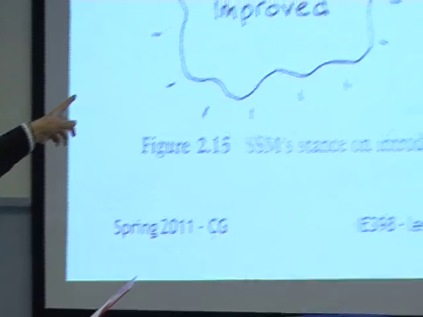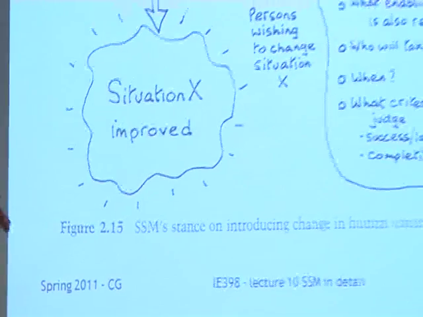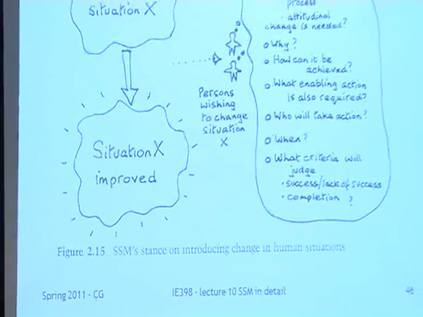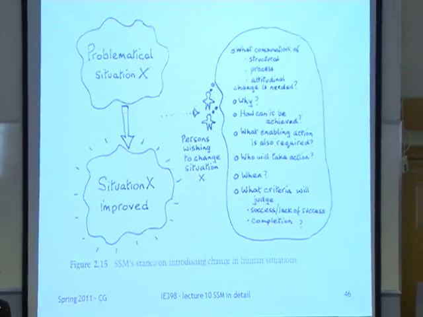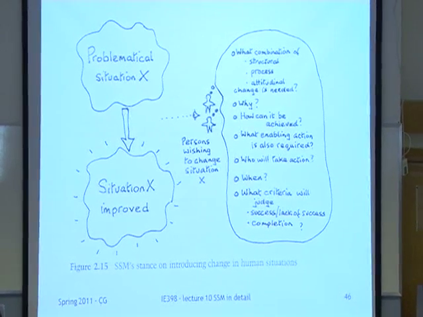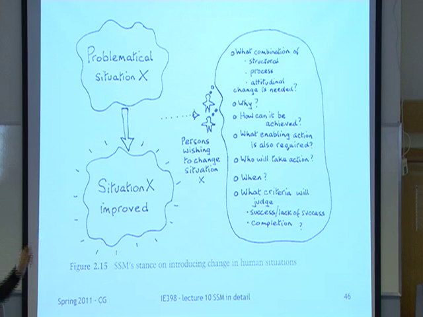Here is another nice diagram. We have a problematical situation, and you would like to change it to another state, an influence state. Persons are sitting or standing there, looking at the situation. And as I said, you want these people to ask questions such as these.